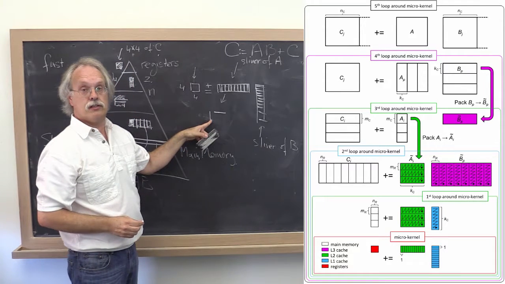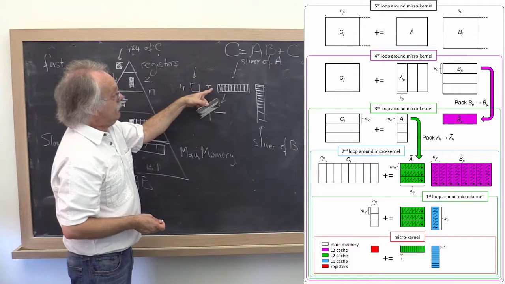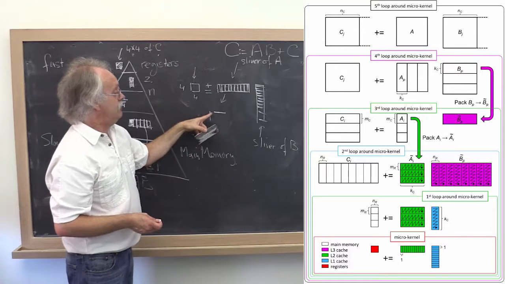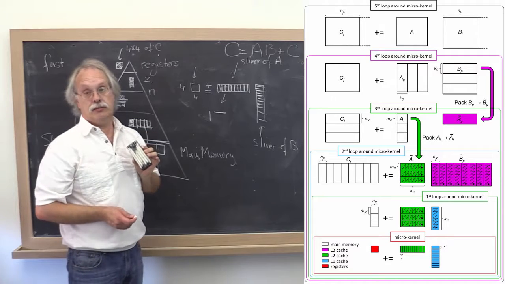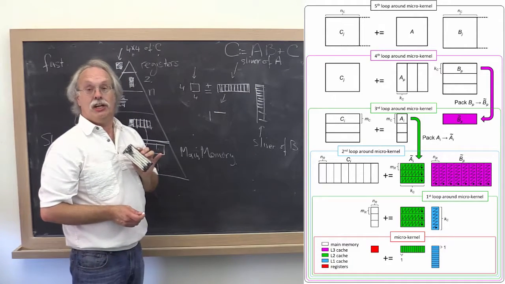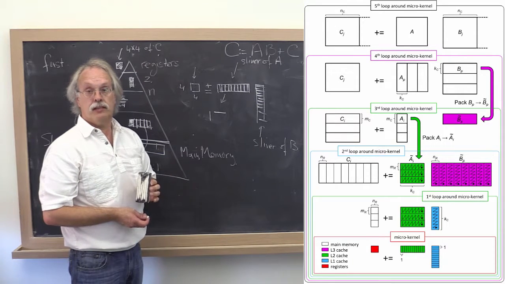That's an outer product. So at the very core of everything is a matrix-matrix multiply implemented as a sequence of rank 1 updates to update a tiny little matrix.